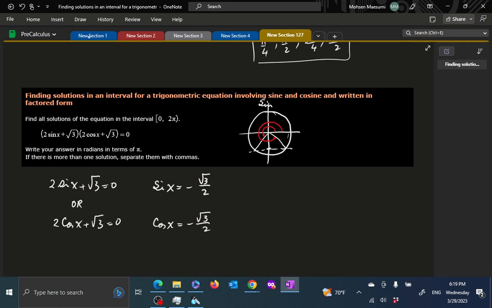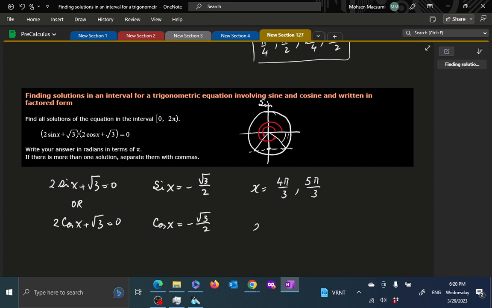So one angle is x equals pi plus pi over 3, that is 4 pi over 3, and the other one is 5 pi over 3. All right, the big one, this is just 60 degrees short of the full circle.